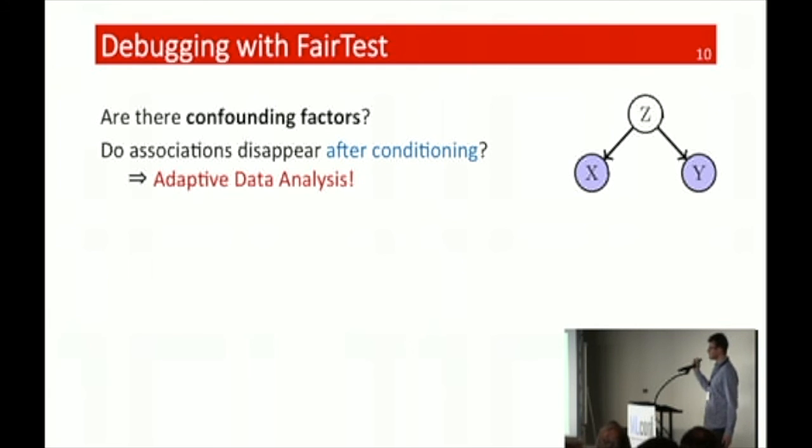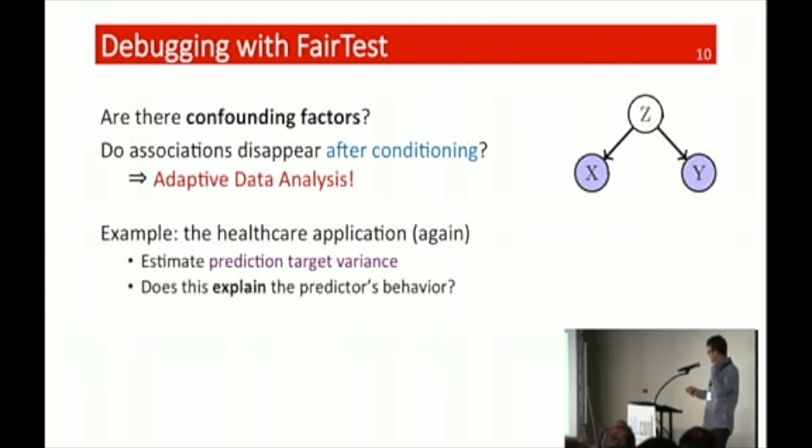And if you do this too many times, at some point you're going to find stuff that's not statistically significant and you're going to be happy. But that's obviously something you'd want to avoid. It's kind of an inherent problem of doing debugging in a statistical environment, that you're limited by the amount of data that you have and also by the amount of different experiments that you can conduct.